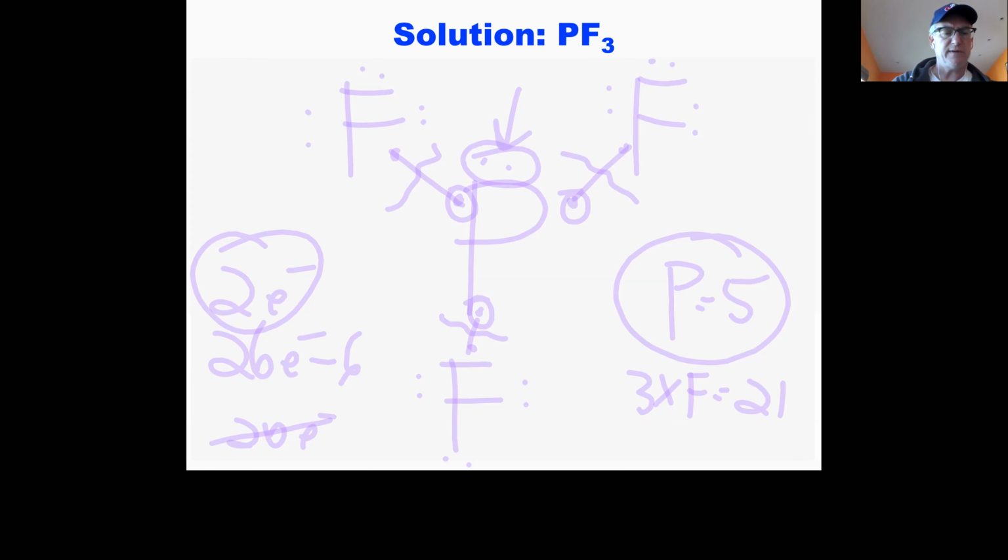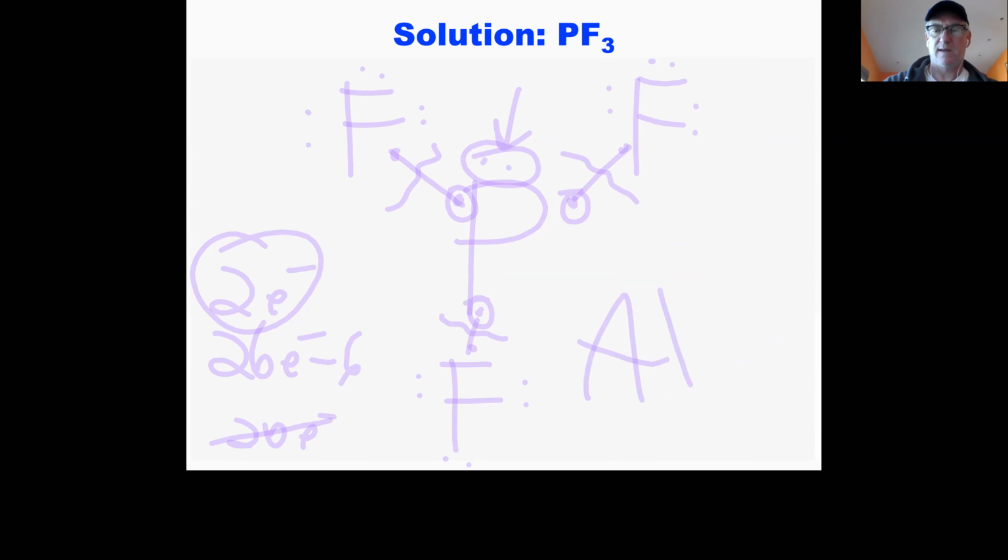So what shape is this going to be? What is my AXE formula for this? I've got my A, X, E. My central atom is the phosphorus. What's my X, my surrounding atoms?